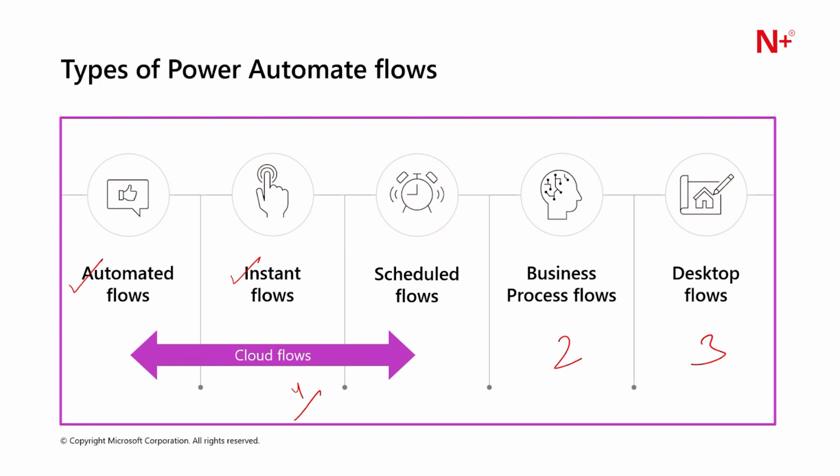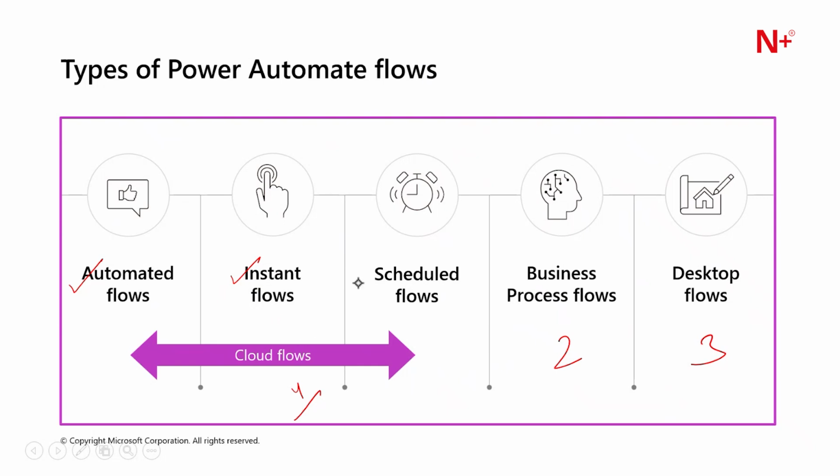This might not happen every day, right? There would be a proper time for hiring, and every time you have an employee joining, you just press a button, a flow would run, and the ID would be generated. The employee would be added in the system. That's when instant flow could come in handy. That's one of the examples.